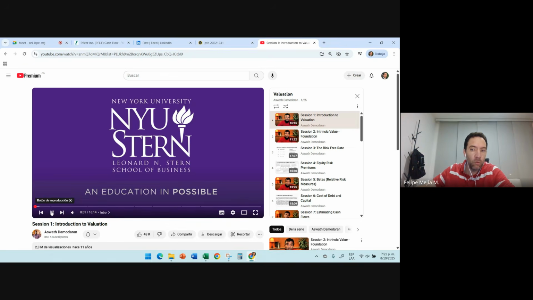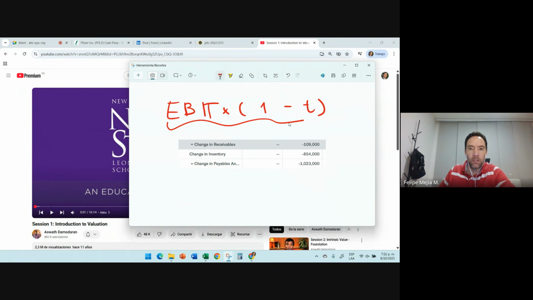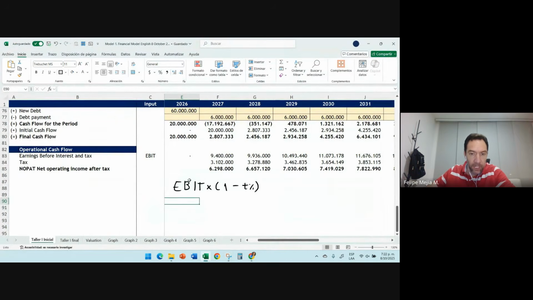In those videos, you will not find the concept of NOPAT, but rather you will find this equation, and they're both the same: EBIT times 1 minus tax rate. This is what we're calling here NOPAT. So let's calculate this equation just to show you that the number we get is the same.